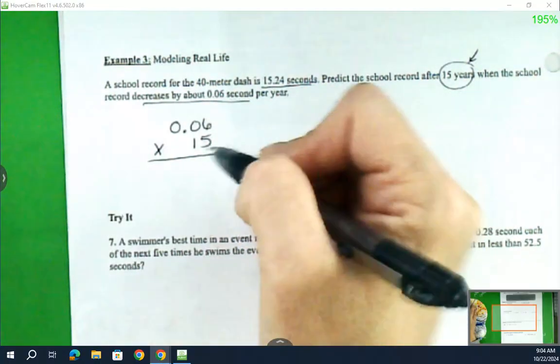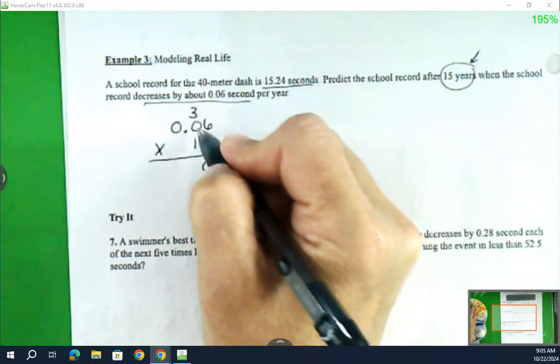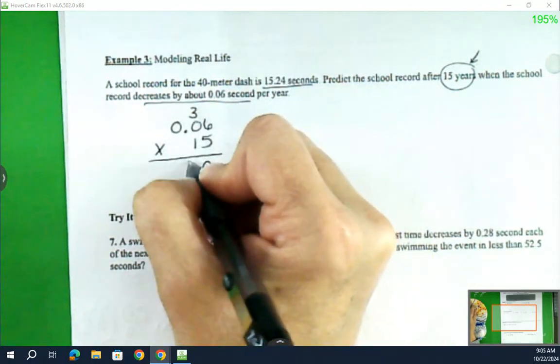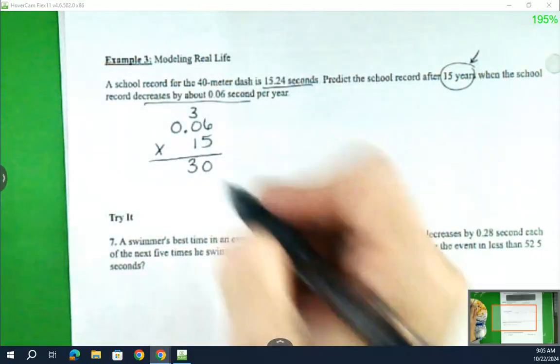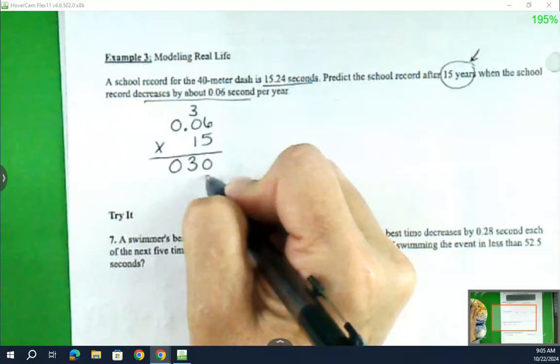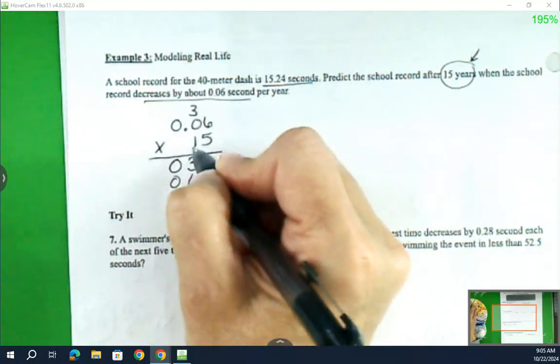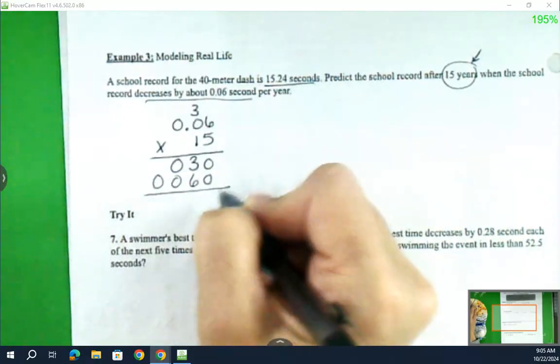So we're going to multiply. We have 5 times 6 is 30, carry the 3. 5 times 0 is 0 plus the 3. We're going to bring the 3 down. And then 5 times 0 is 0. Okay, we're going to place a 0 here for this row and do 1 times 6 is 6, 1 times 0 is 0, 1 times 0 is 0.